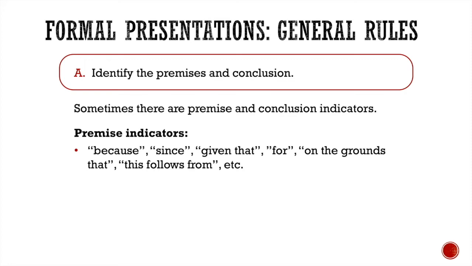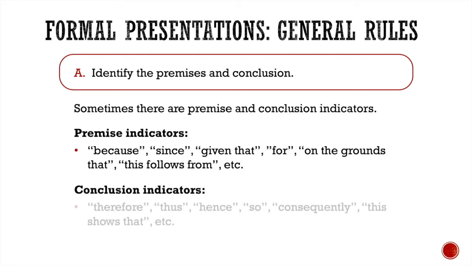There are other sorts of premise indicators, but this is a pretty good list for here. So when you see these words, you have a pretty good sense that the claim that follows after it is a premise. And then some conclusion indicators would be therefore, thus, hence, so, consequently, this shows that, etc.